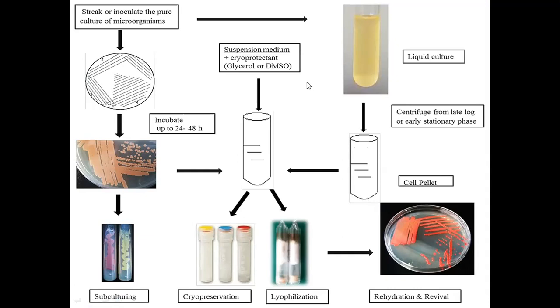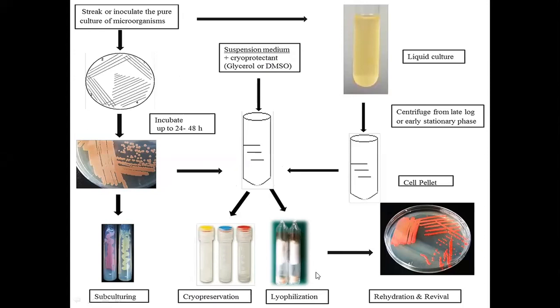You can use several liquid mediums with cryoprotective agents like glycerol and DMSO, and they can be preserved by cryopreservation. Again I use this glycerol-based cryo, meaning you add the liquid culture and 25 to 30% of glycerol or DMSO. If they are stored at minus 70, minus 80, they will be viable for a very long period.